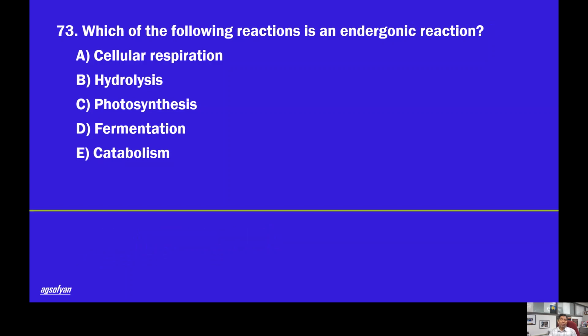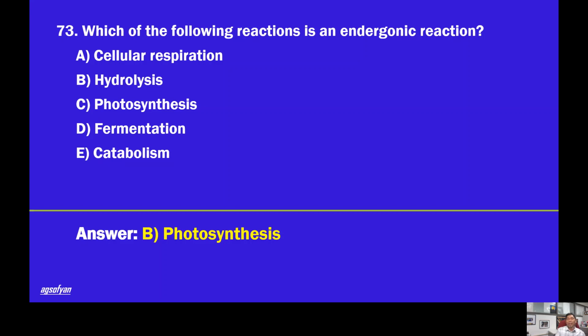Okay, 73. Which of the following reaction is an endergonic reaction? A. Cellular respiration, B. Hydrolysis, C. Photosynthesis, D. Fermentation, and E. Catabolism. Choose your answer. Yes, the answer will be photosynthesis. Remember, endergonic reaction is a reaction that requires energy.